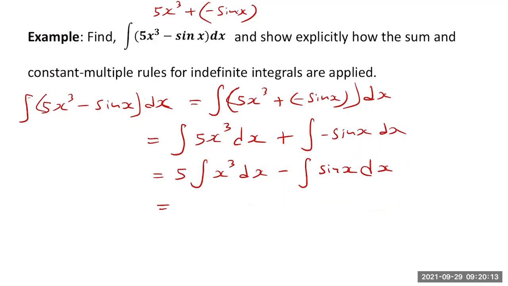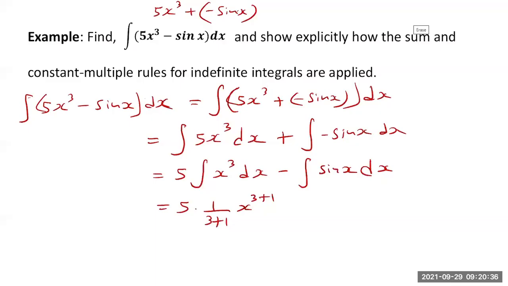The indefinite integral of x cubed would be 5 times 1 over 3 plus 1 times x to the power 3 plus 1. And then I need to get the indefinite integral of sine x. What is the indefinite integral of sine x?